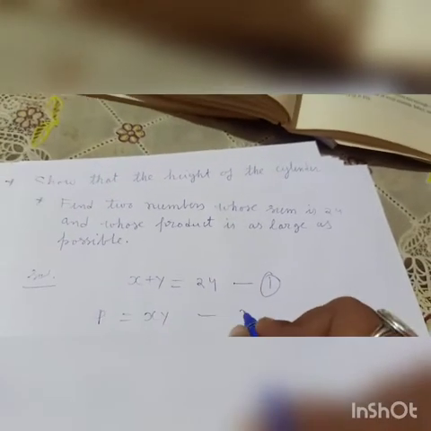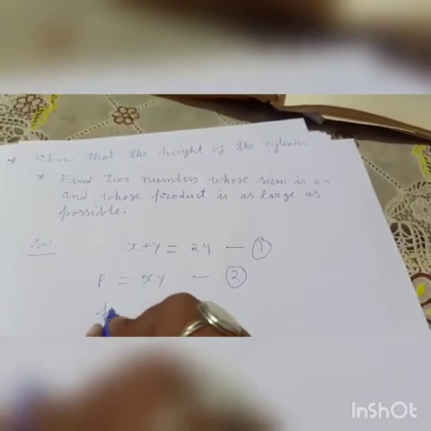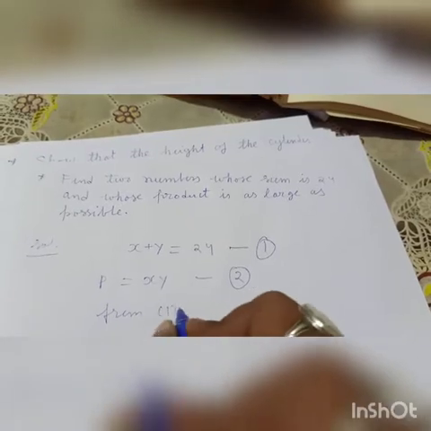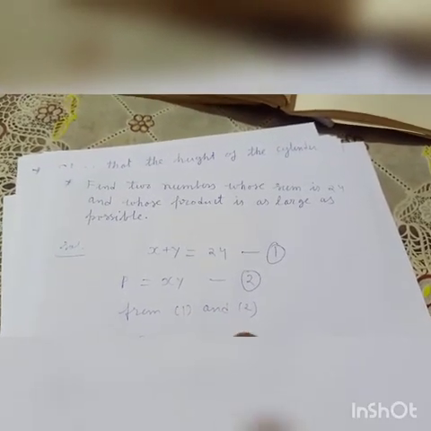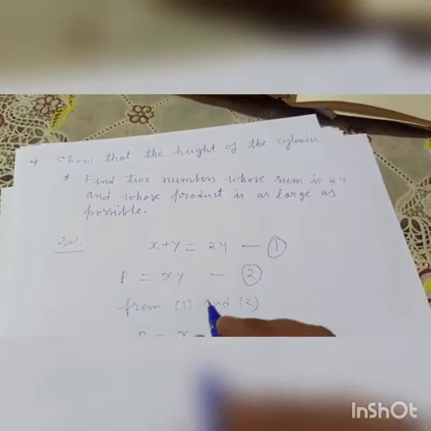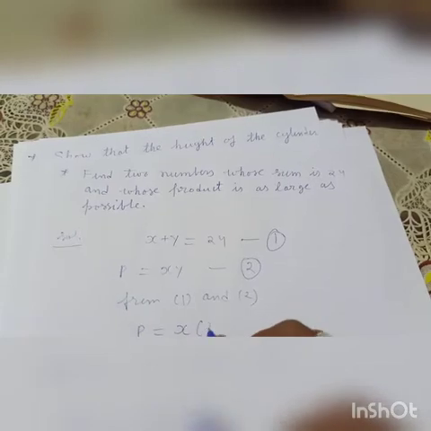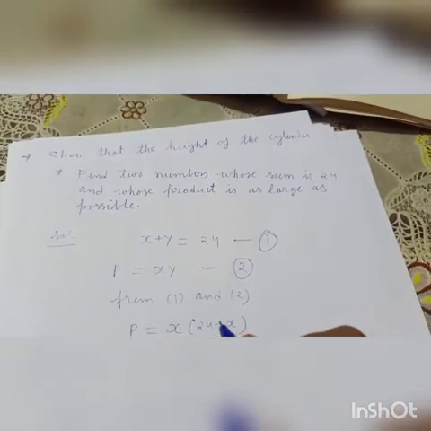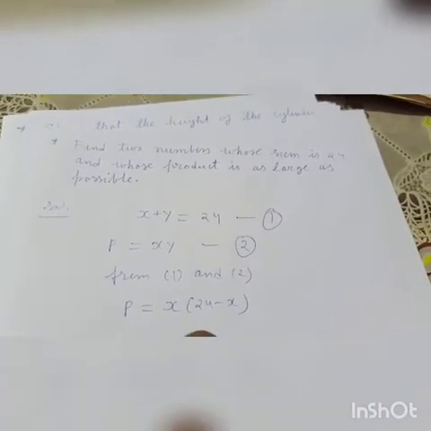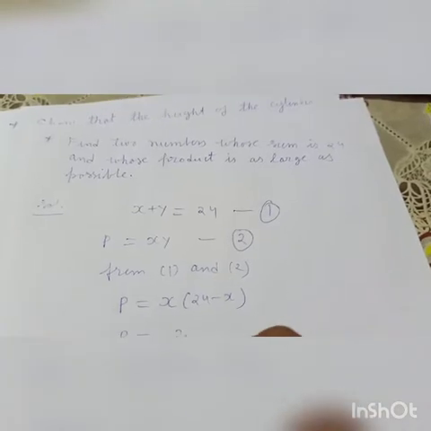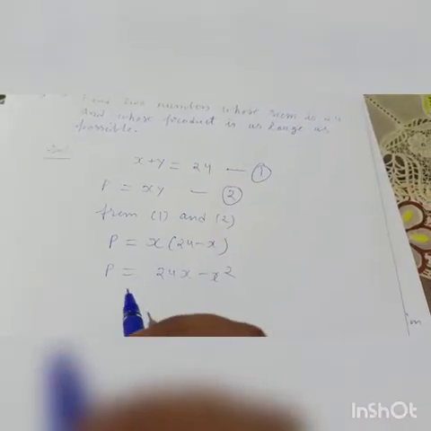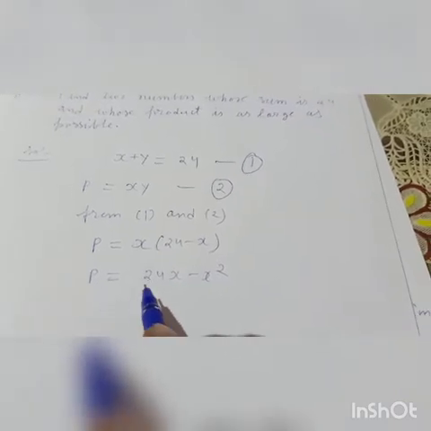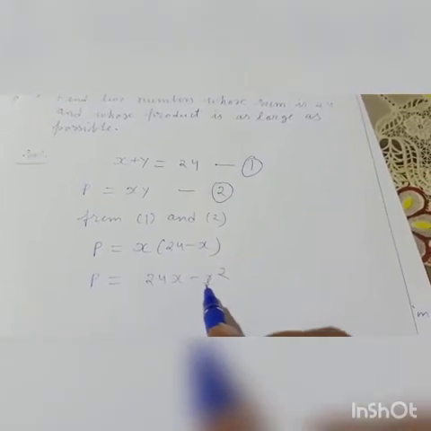So from 1 and 2 we can say p equals x times the value of y from the first equation, which is 24 minus x. So the value of p is 24x minus x square.